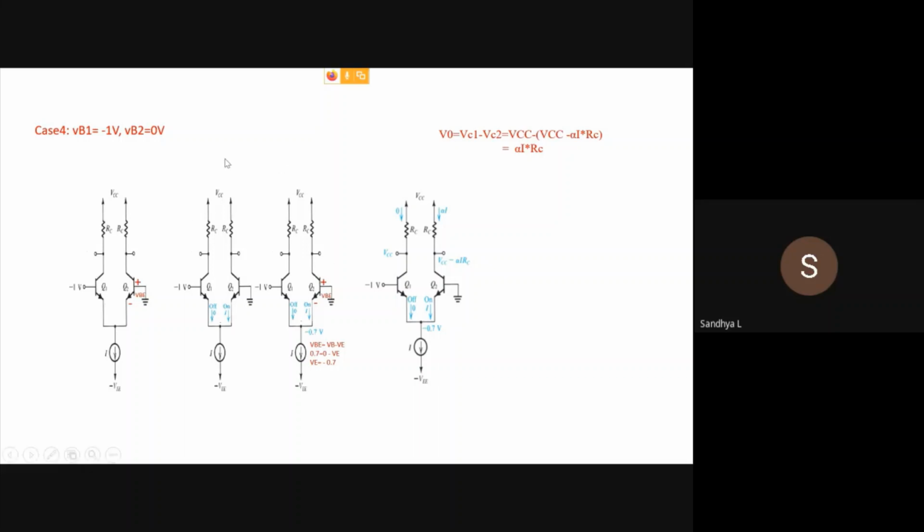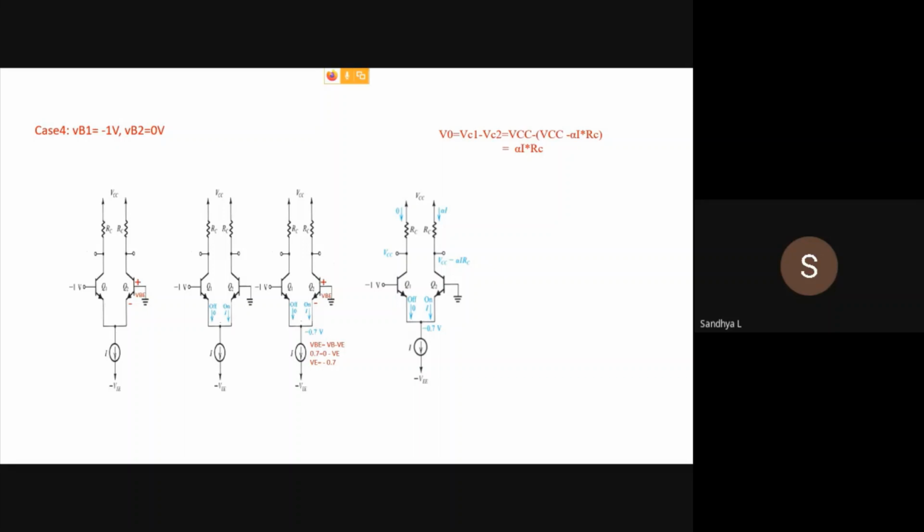Now, suppose both the voltages are sufficiently large to turn on both the transistors, and both the voltages are positive. Okay, VB1 and VB2 are both positive, but not the same. In the first case, VB1 and VB2 were both positive, but both were equal. We can also consider the case wherein both are not equal, but both are positive.